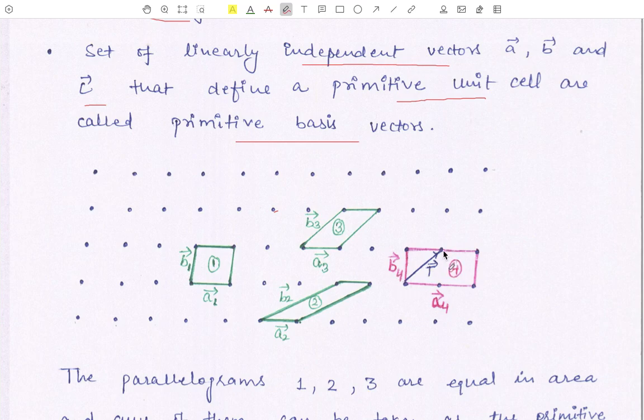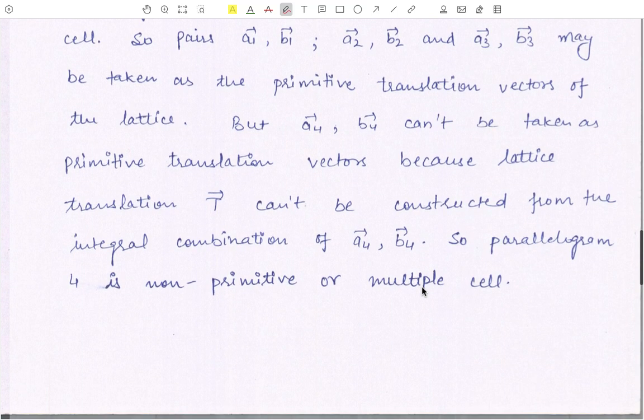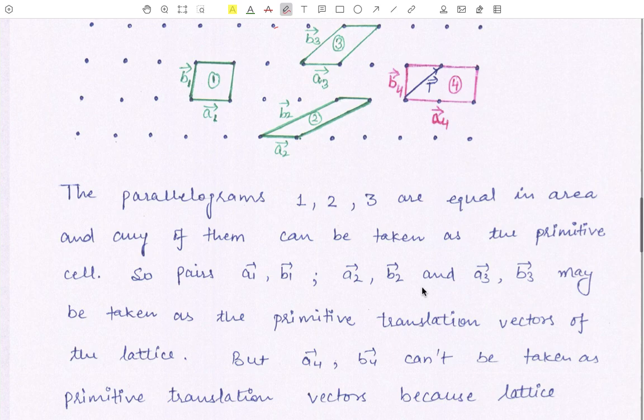But to reach this lattice point, we have to take half the value of a4 and 1 times b4. That is, we do not have a linear combination of a4 and b4 with integer coefficients. So this parallelogram is not a primitive cell. Okay. And the same is the case in 3 dimensions also.